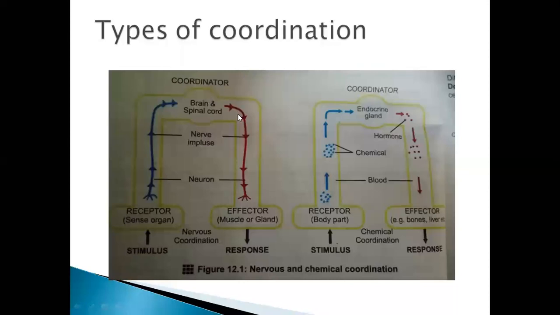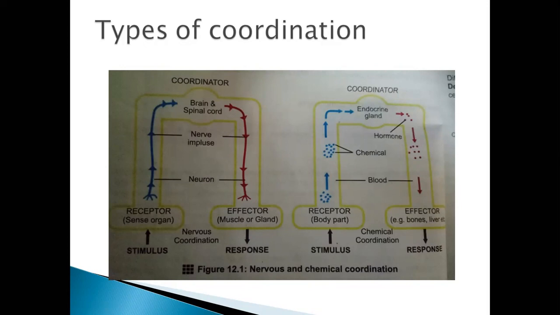Here, the nerve impulse goes back to the effectors, muscles or glands. It can be muscles. If you are running and you want to stop, then okay, if you're touching an object that is very hot, you just put away your hand.